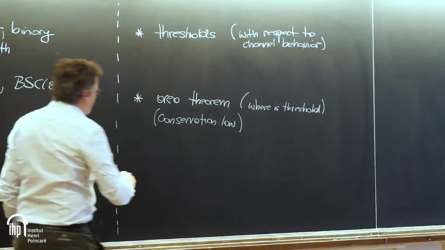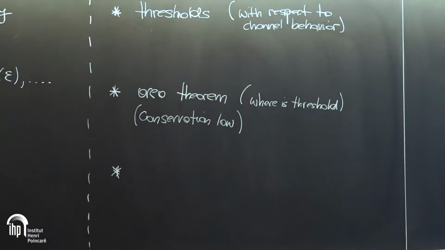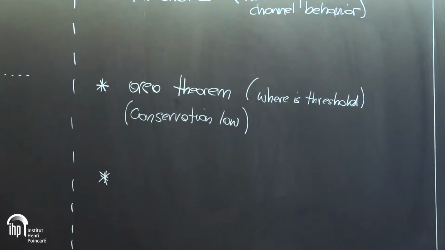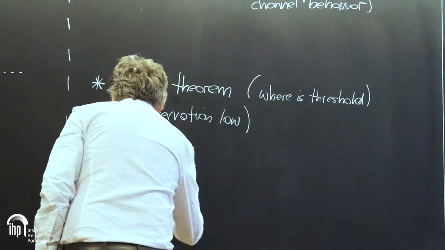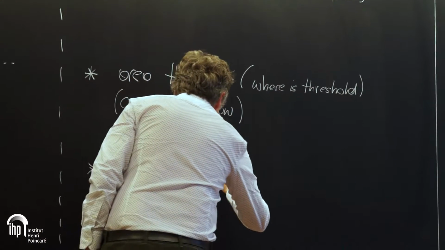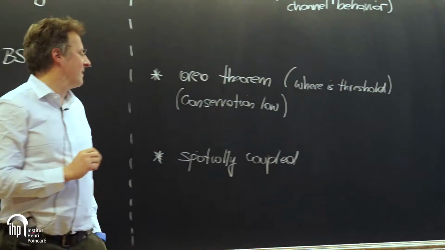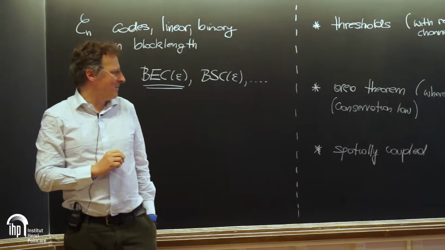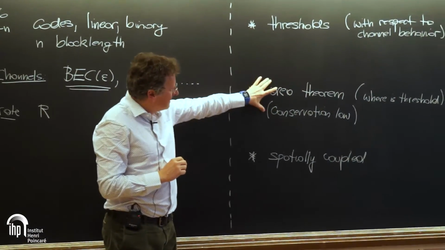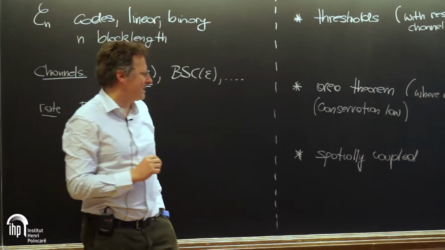And once I've told you about these components, there are two classes of codes where this kind of program works very well. One is spatially coupled codes, which I'm not going to talk about, because Henri did this yesterday. He had a different take on it. He has a very nice proof technique to show that spatially coupled codes achieve capacity. But you could apply exactly this kind of line of thinking, particularly the area theorem, to show that spatially coupled codes achieve capacity.